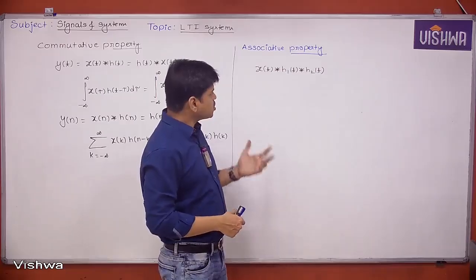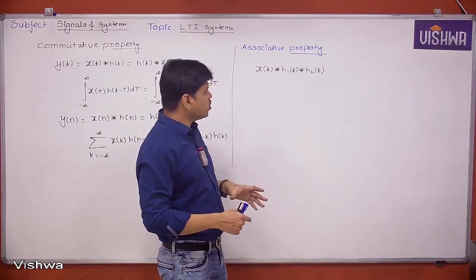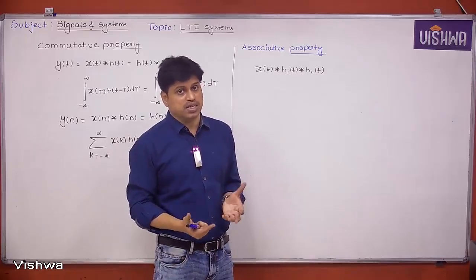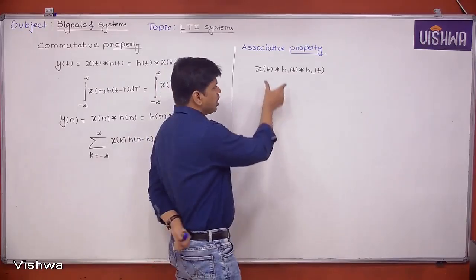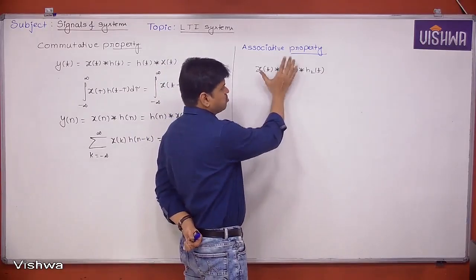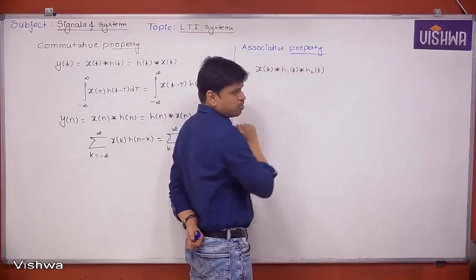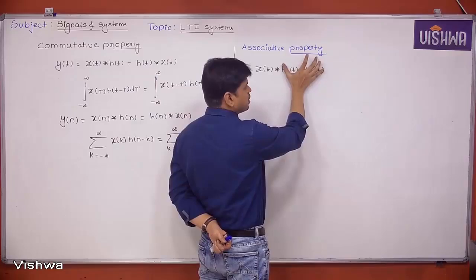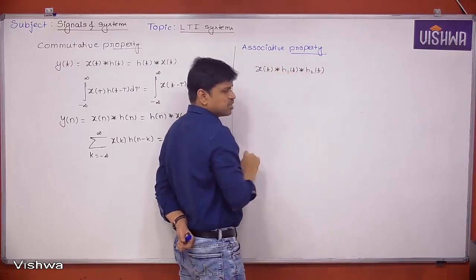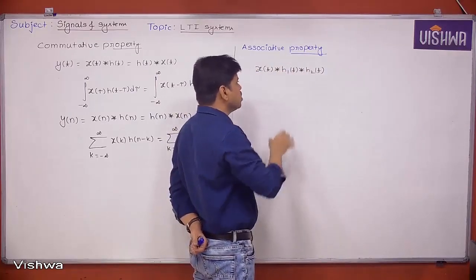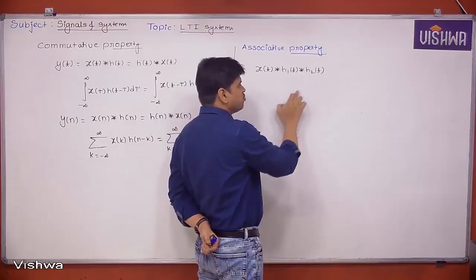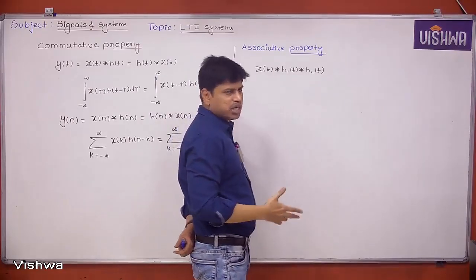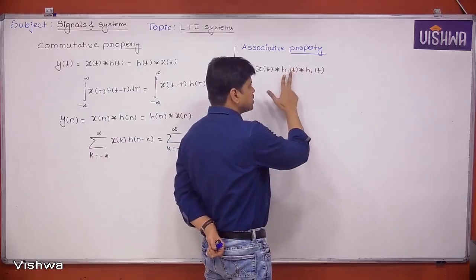So the associative property says that you can convolve any two signals first, and then convolve with the remaining signal. Suppose you first convolve x of t with h1 of t, then convolve this whole result with h2 of t. Or first convolve h1 of t and h2 of t, then convolve this whole result with x of t. That can also be done. Or you can convolve x of t and h2 of t, the last two, then convolve with h1 of t, because the commutative property says we can exchange them.